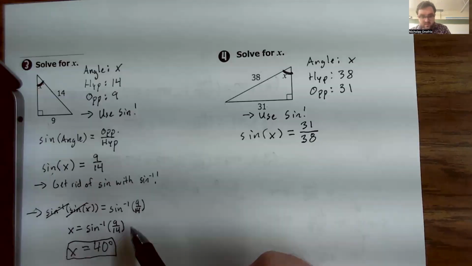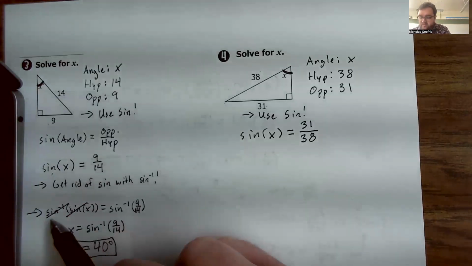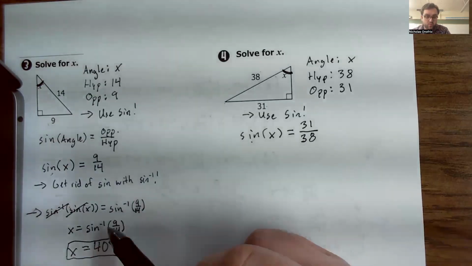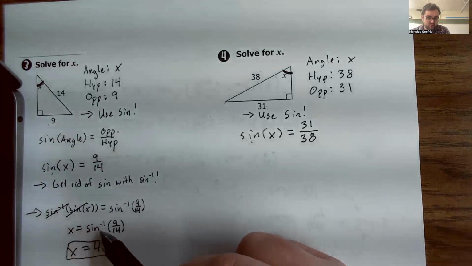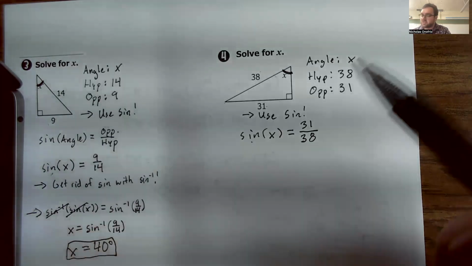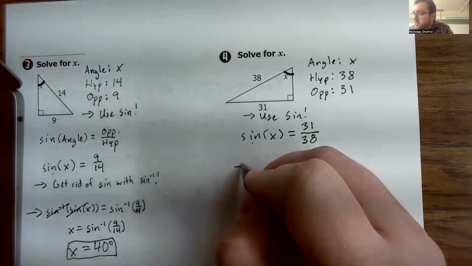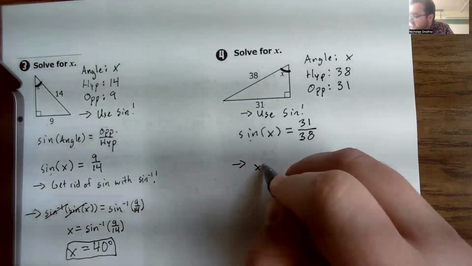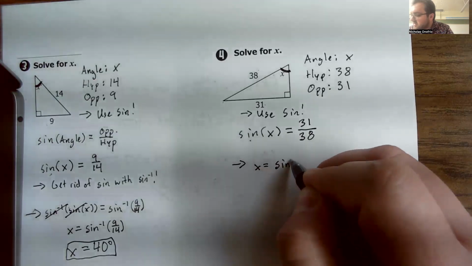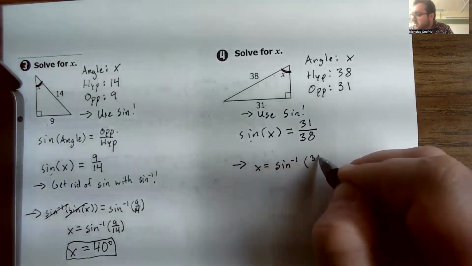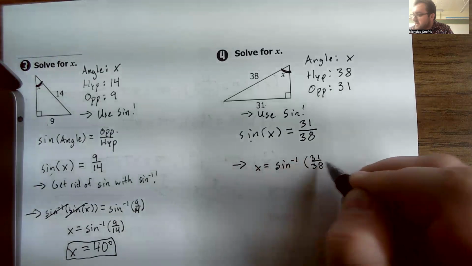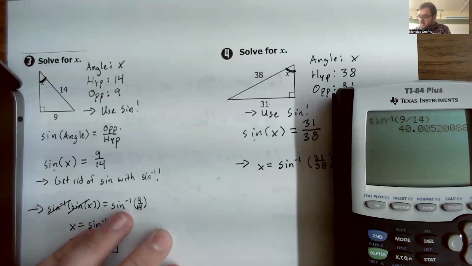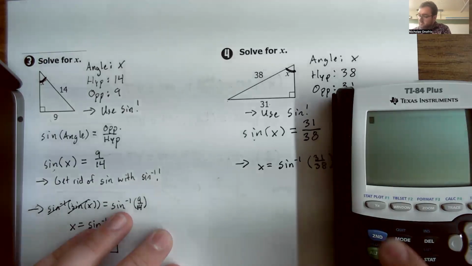Notice how in our last example, after we applied sine to the -1 to get rid of our sine, all we were left with is x equals sine to the -1 of our fraction. So here we can skip a couple steps and rewrite this as x equals sine to the -1 of 31 divided by 38. Let's get our calculator out.